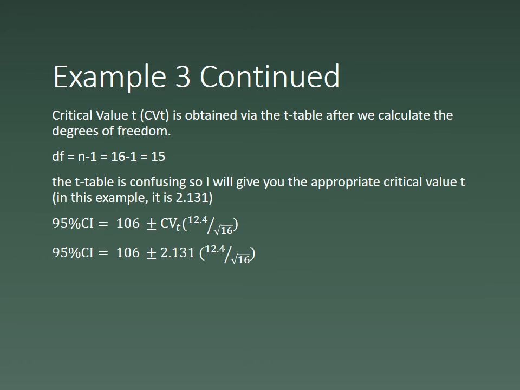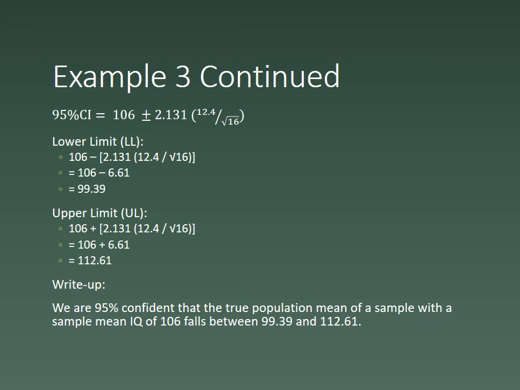We get 106 plus or minus 2.131 times 12.4 divided by the square root of 16. When we work this out, we get our lower limit of 99.39 and our upper limit of 112.61. So we're 95% confident that the true population mean of a sample with a sample mean IQ of 106 falls somewhere between 99.39 and 112.61.